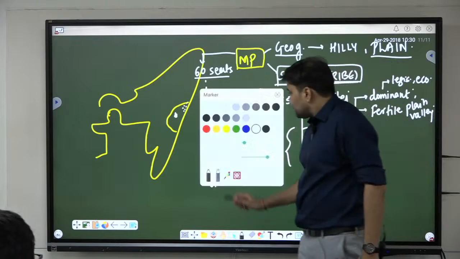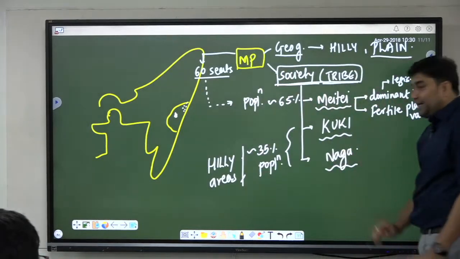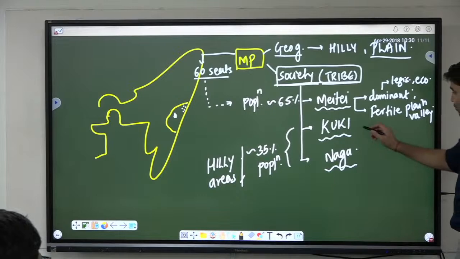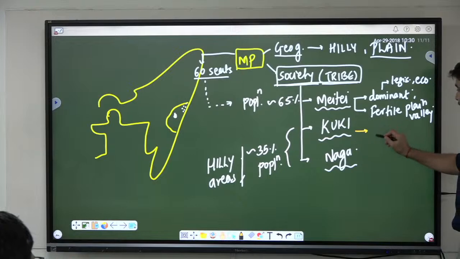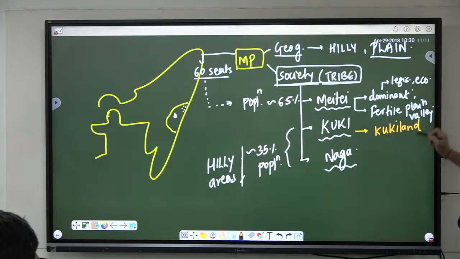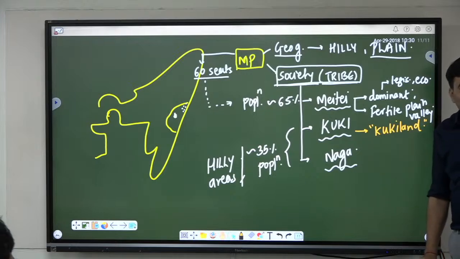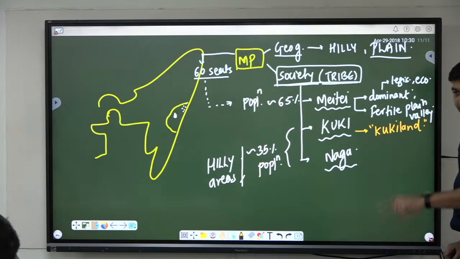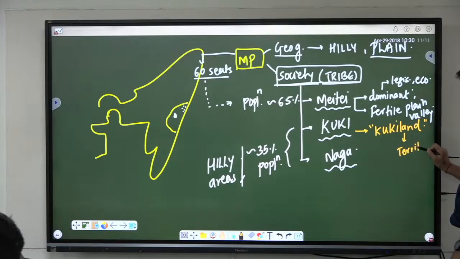These Kuki tribes wanted a separate state, called Kukiland. Just like Nagaland, they wanted a separate state, not a country, that is Kukiland. But now they have trimmed their demand to a territorial council with more powers. This is the demand of Kukis.